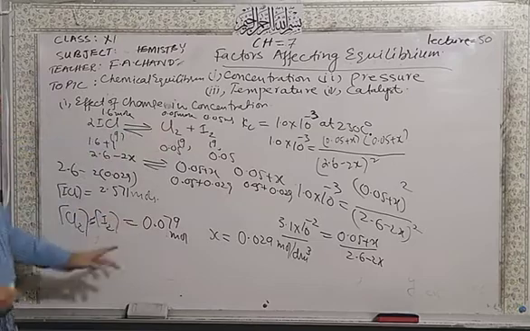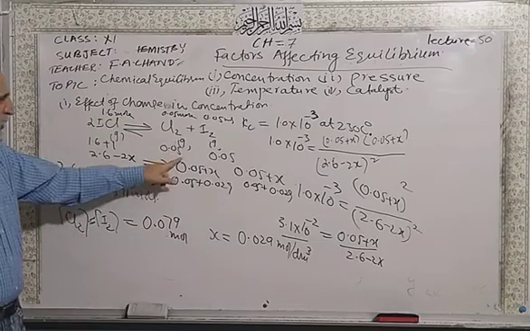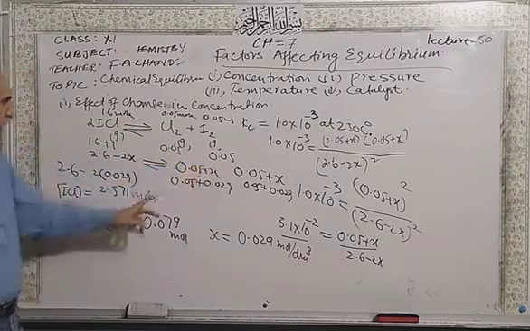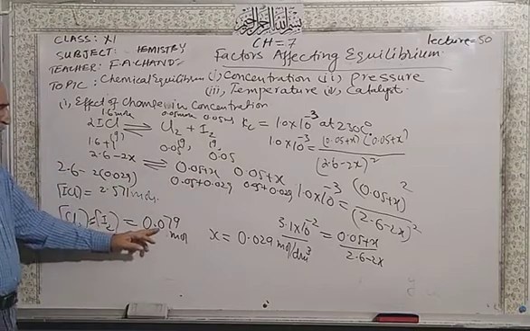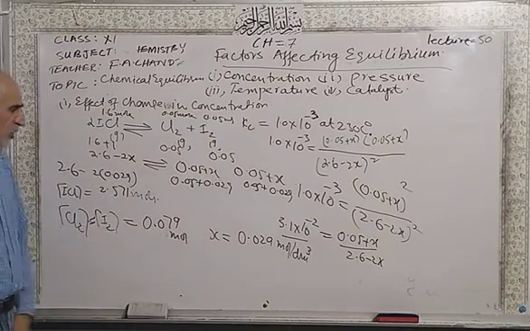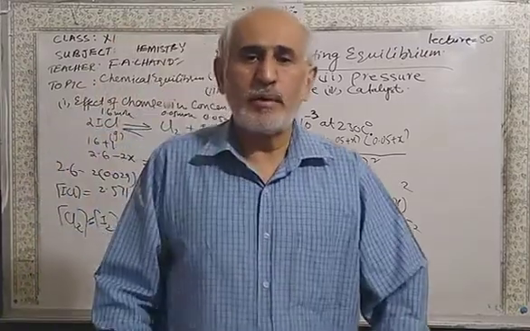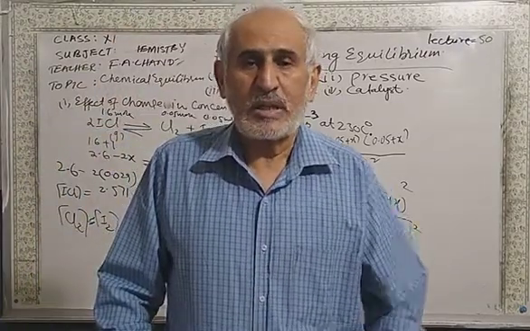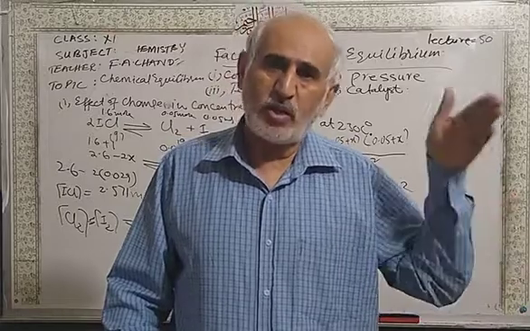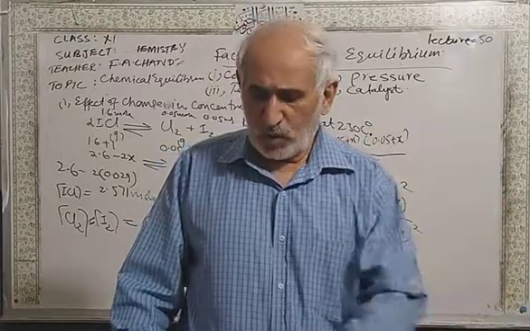The concentration of chlorine was 0.05 and iodine also 0.05, so it is increased from 0.05 to 0.079 because a new equilibrium is established. So this is the disturbance when you add and when you remove.